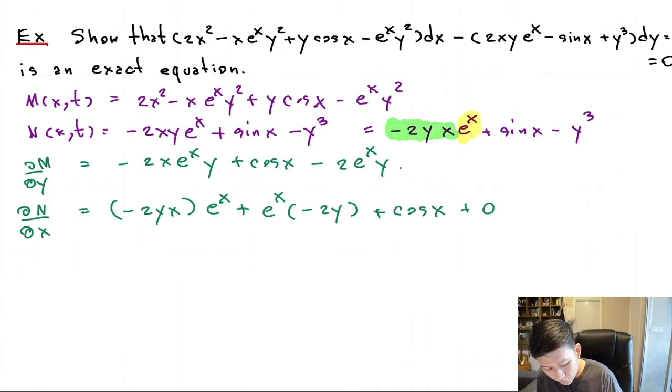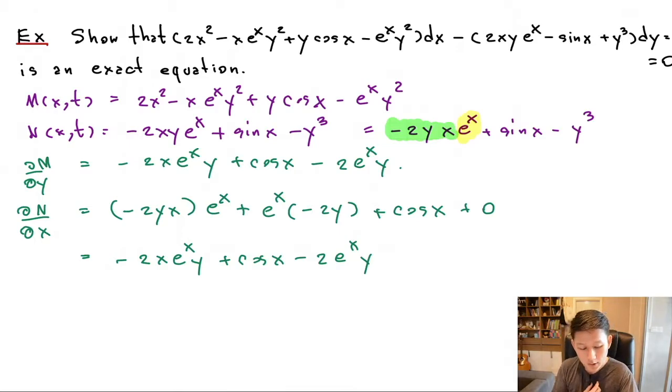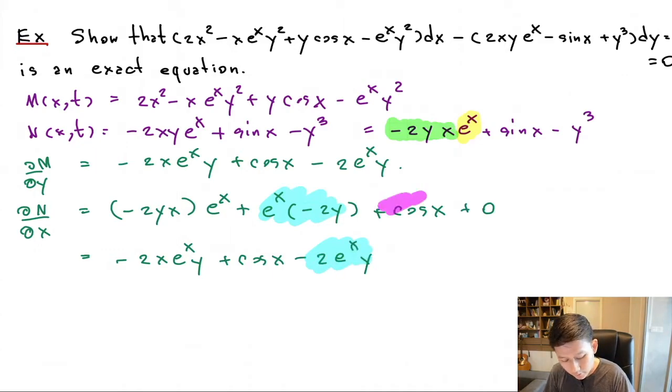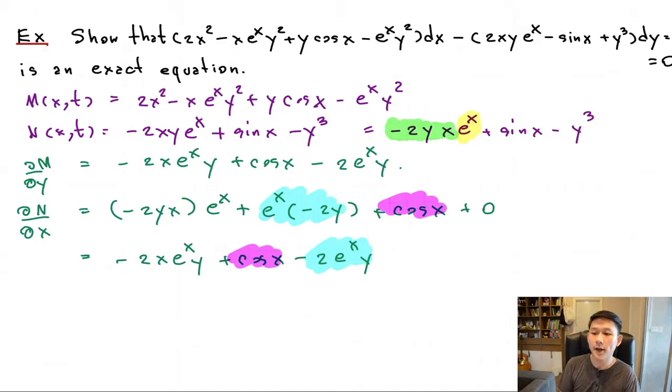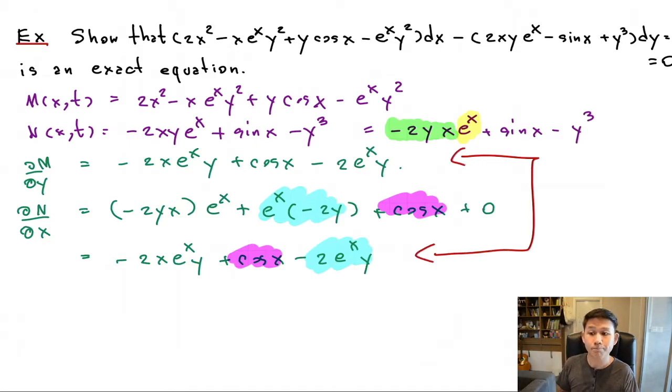So I'll rearrange it a little bit. What I have here is minus 2x e to the xy plus cos x minus 2e to the xy. I just push this term here, and then this term over here. And then you can see that they are exactly the same.